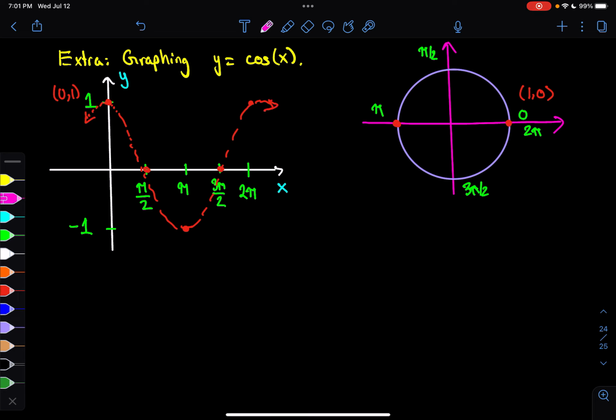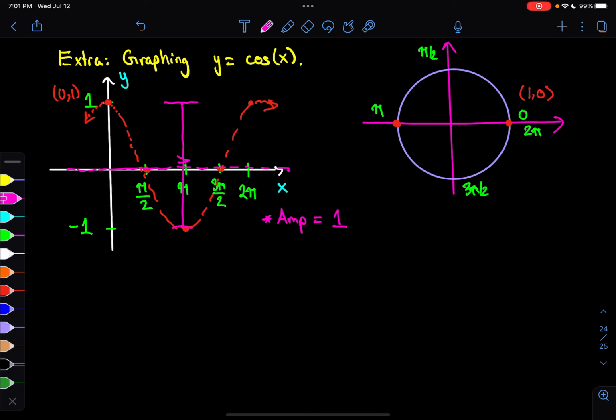And so what are some things we notice here? The amplitude is 1, because if we imagine there's what we call a center line here, one way of thinking about it is you take the distance from the very top all the way to the very bottom, you get 2.